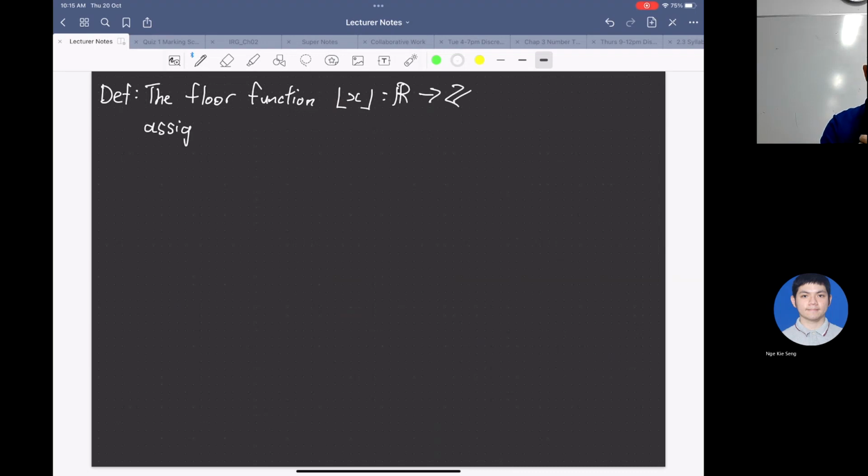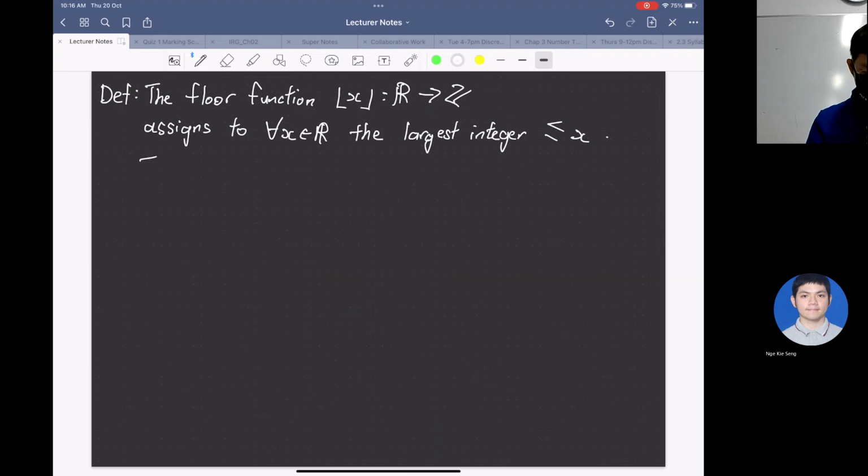That assigns to every x in R the largest integer that is less than or equal to x. The next one is the ceiling function.